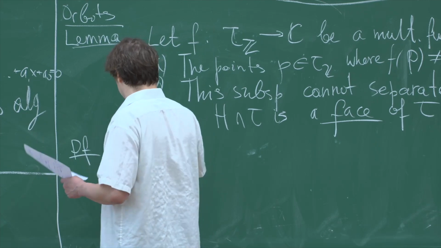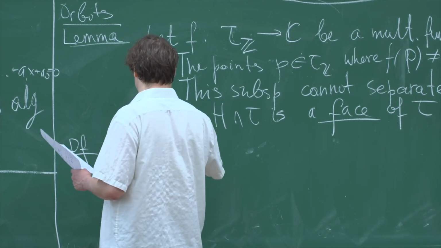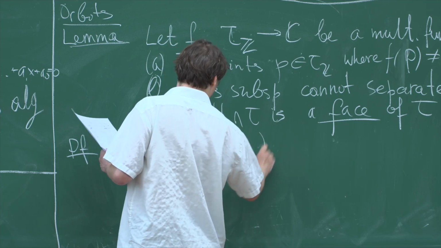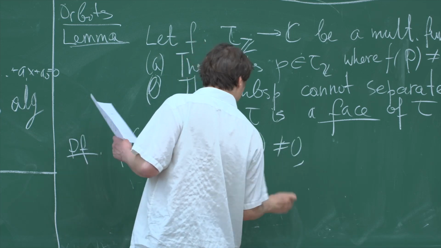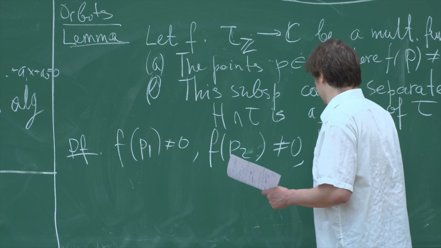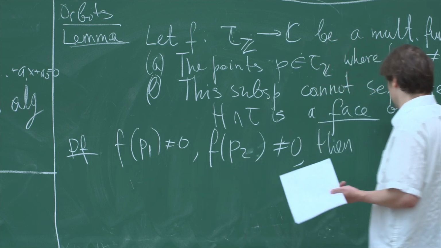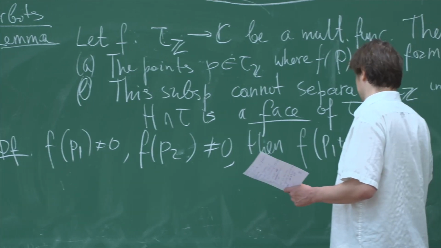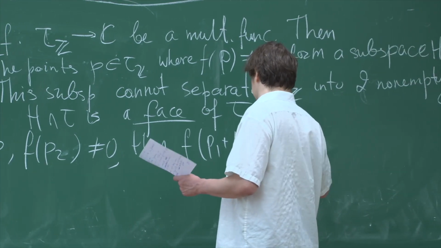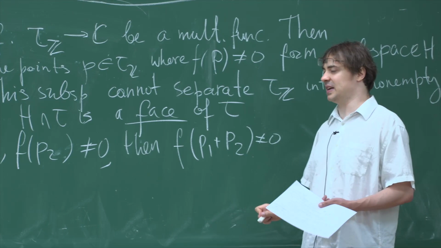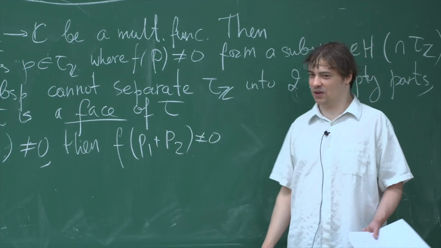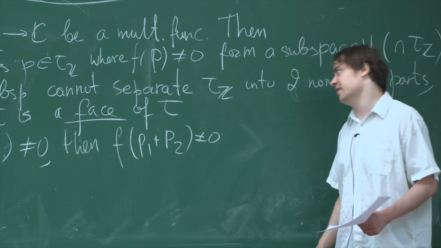If we have f of p1 not equal to 0, f of p2 not equal to 0, then f of p1 plus p2 is not 0 directly by multiplicativity. This is always a point of tau, and there we have a non-zero value by multiplicativity.